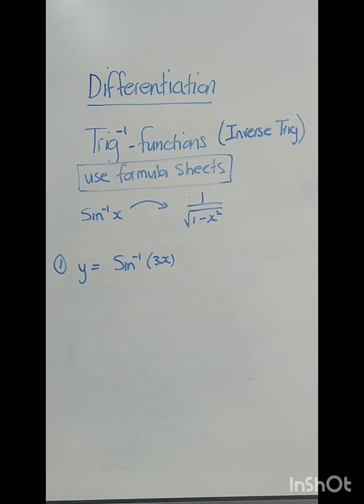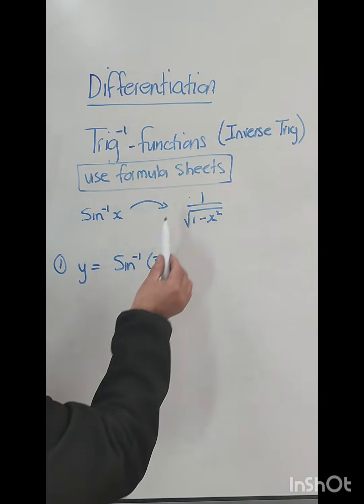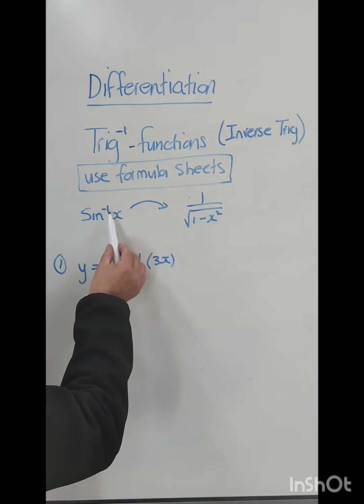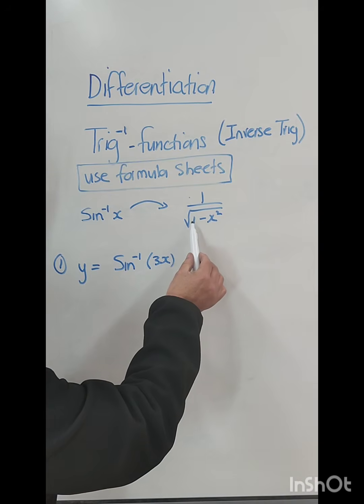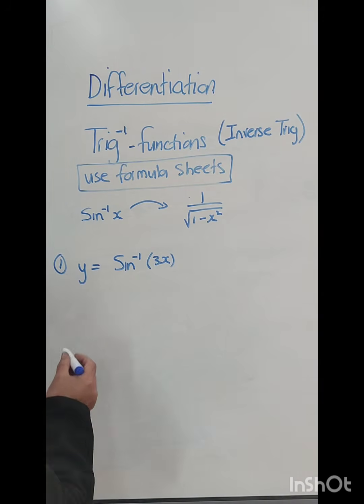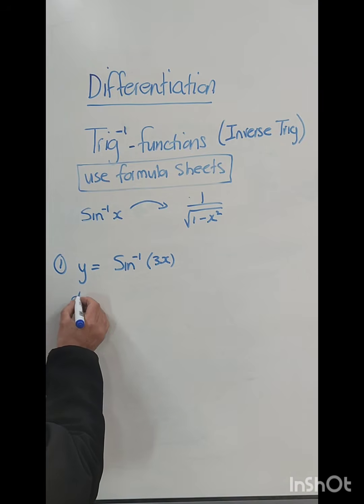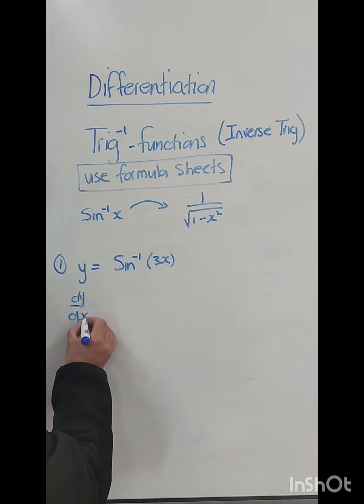So the next function that we're going to derive is an inverse trig function. There we will also use your formula sheet. For example, the inverse sine of x derived will give you 1 over the root of 1 minus x squared. So if you have an equation to derive, you write it down first, you indicate dy over dx.